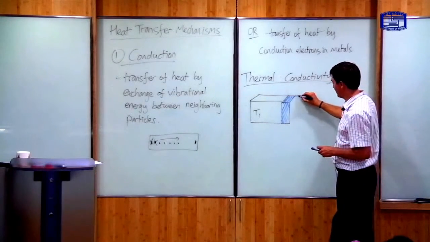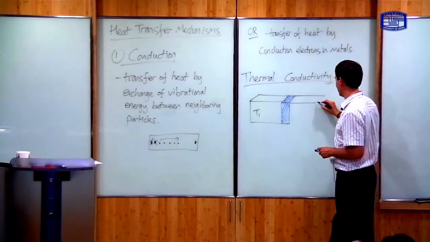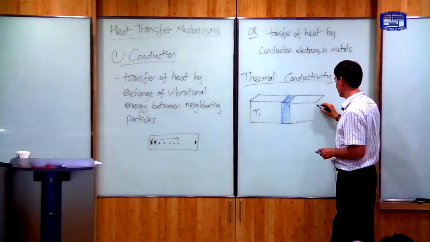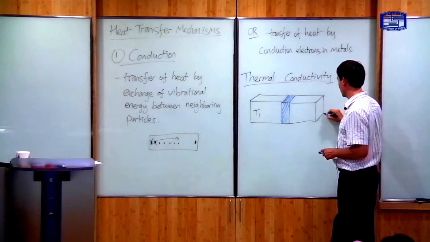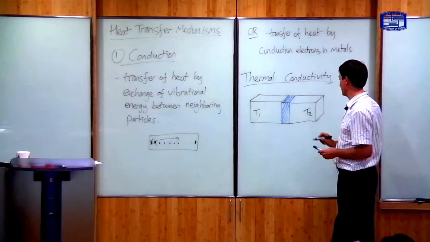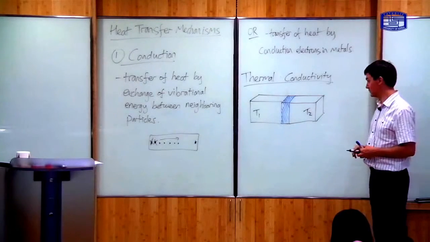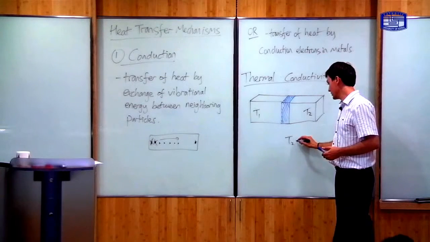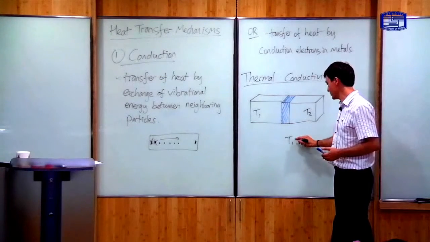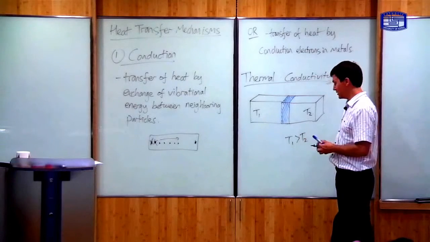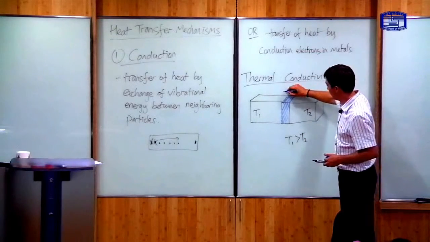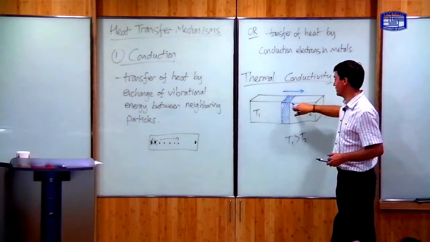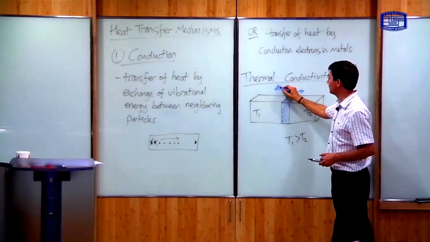And on the other end, I connect it to another box, another reservoir, which has a fixed temperature, T2. So I'll suppose that T1 is greater than T2. So in this case, there will be a flow of heat from this part to this part, dQ by dt.